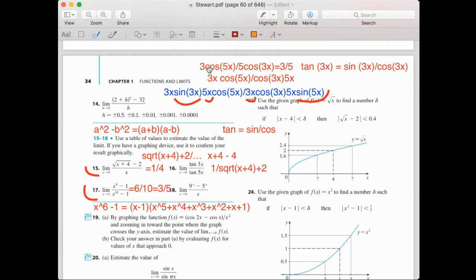Plugging in 0, we get 3 cosine 0 divided by 5 times cosine 0. Cosine 0 is 1, so the answer is 3 over 5 for 16.